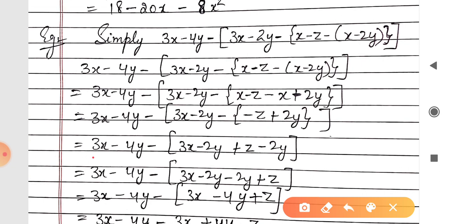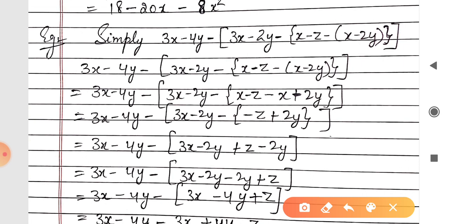Then next is 3x minus 4y minus, now we will open this curly bracket. There is a negative sign before the bracket, so the signs of all the terms in the bracket will be changed. Minus z will be changed into plus z and plus 2y will be changed into minus 2y. Other terms will be written as it is.